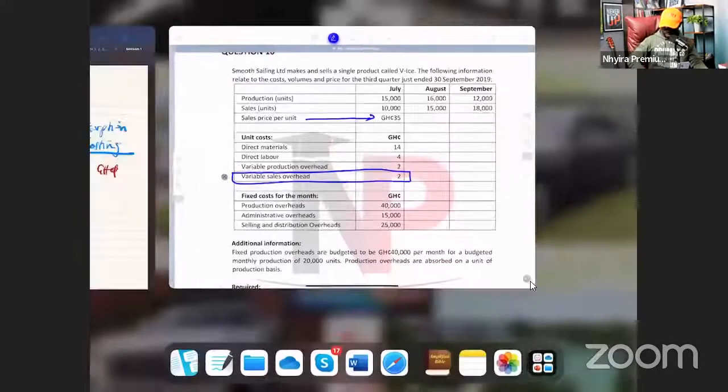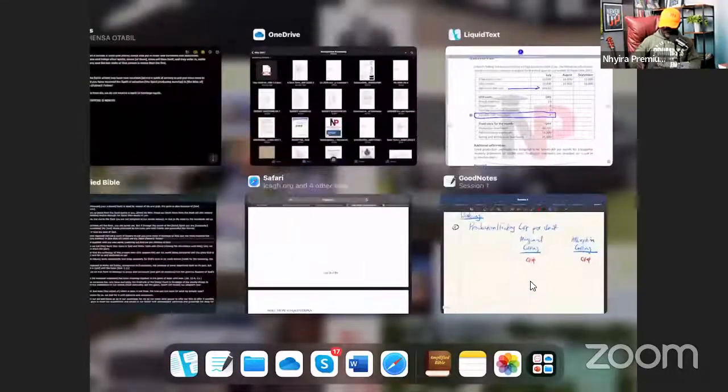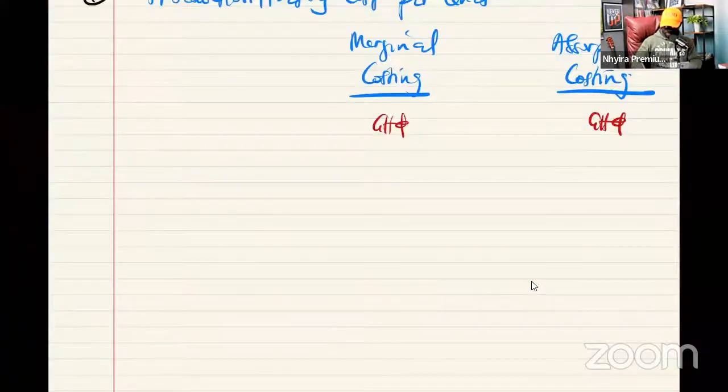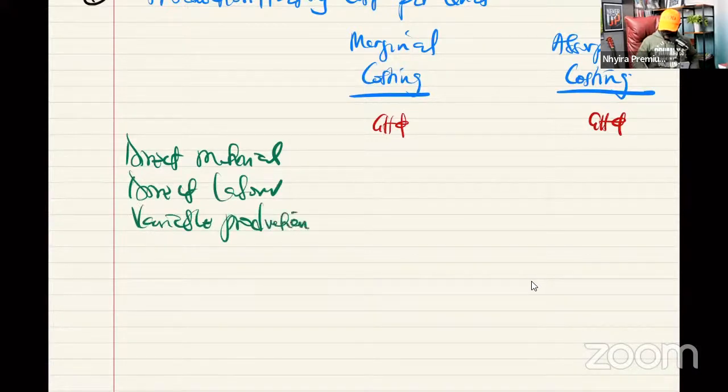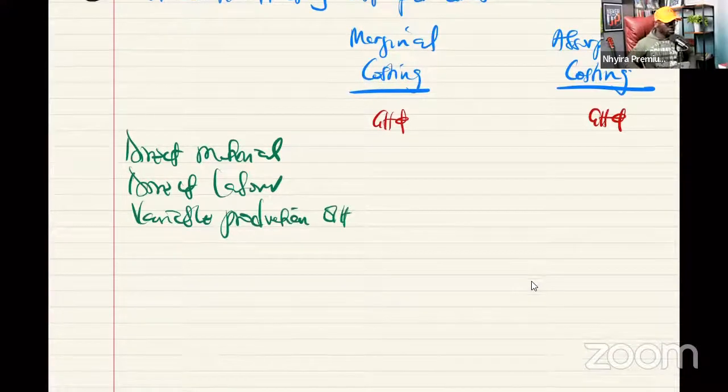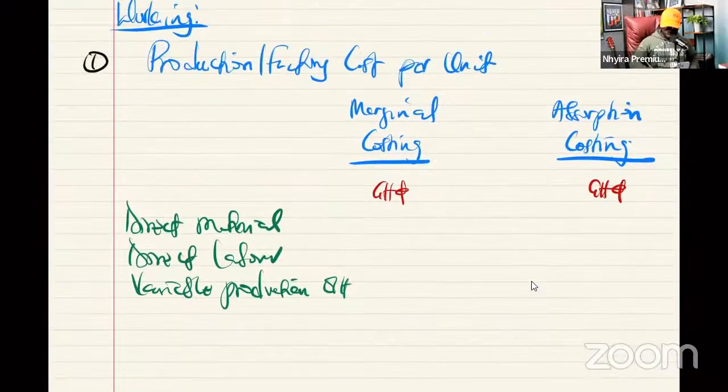So let's go. Direct material, direct labor, variable production overheads. So let's bring in the costs respectively.